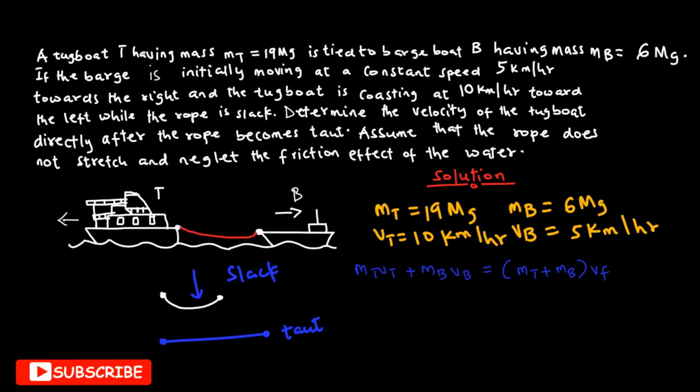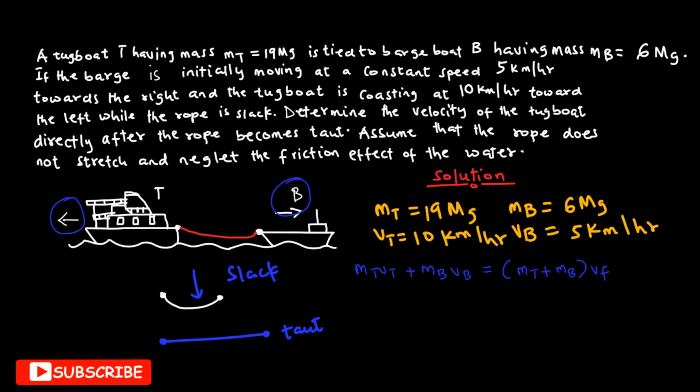Let's look at what is happening here. In the question, we were told that the tugboat is coasting to the left, and the barge boat is moving to the right side. So they are moving in different directions. I have to consider one to be in the negative direction and one to be in the positive direction.